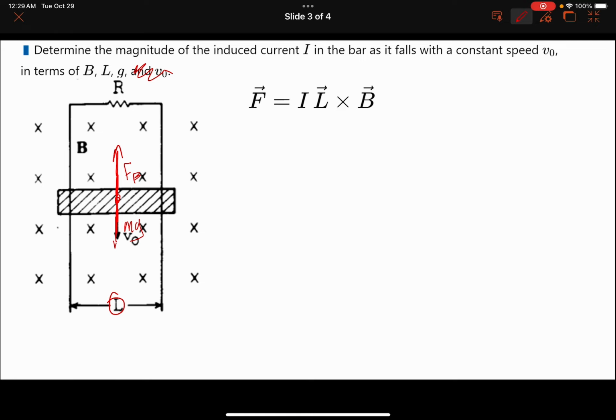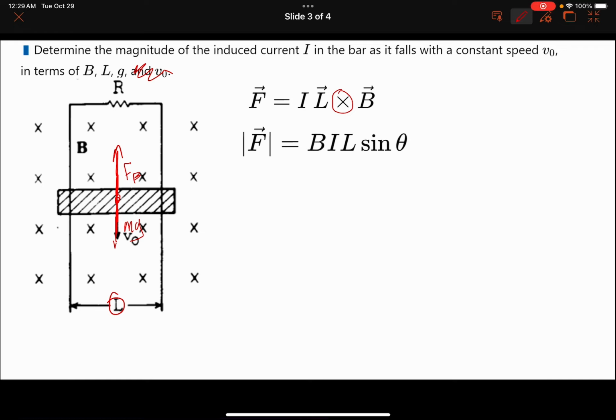The cross product also tells you the direction, but we already determined the direction by analyzing the free body diagram, so we don't really need to know the direction of that force.